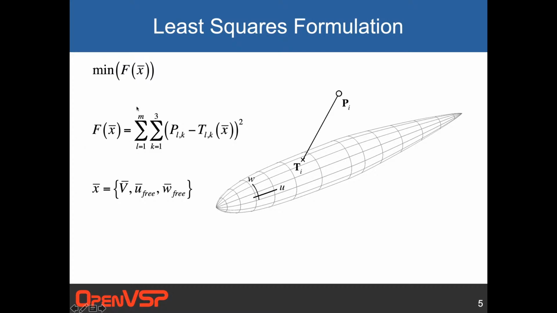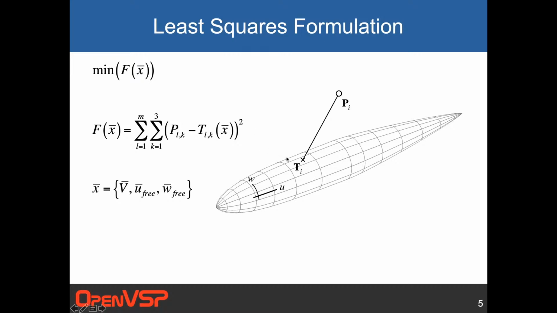So there are m points that we're looking at, and they each have a point cloud point and a target point. We're taking the distance between those, p minus t, and we're squaring that because it's a least squares formulation. And we have to sum over three components, x, y, z, so k is the x, y, z index. So we have m times 3 terms that end up in this squared sum.